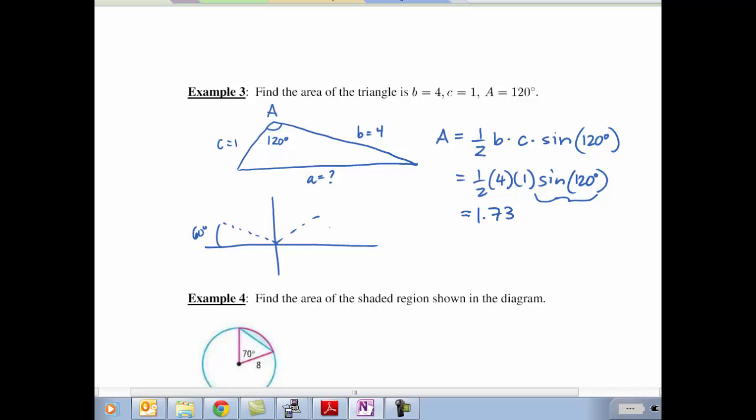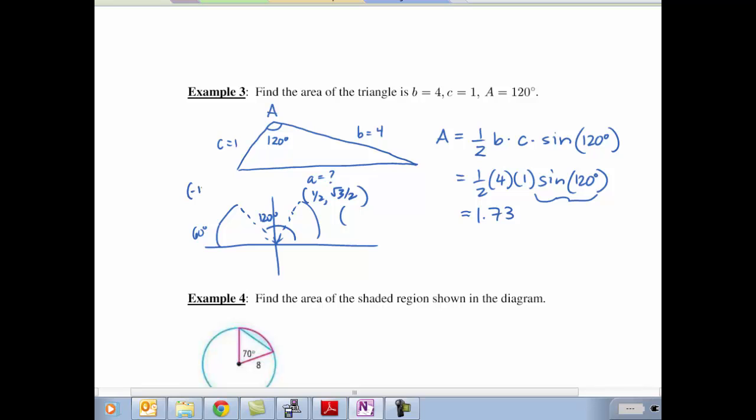120 degrees, that's 60 degrees short of 180. So we could use this 60 degrees over here. So 120, that's 60, this point would be 1/2, square root of 3 over 2.